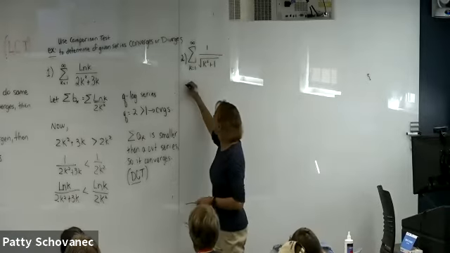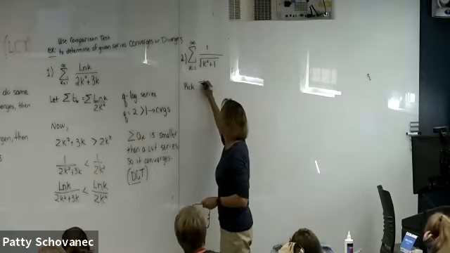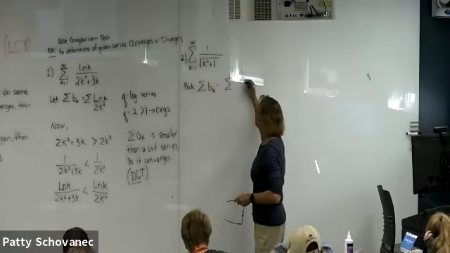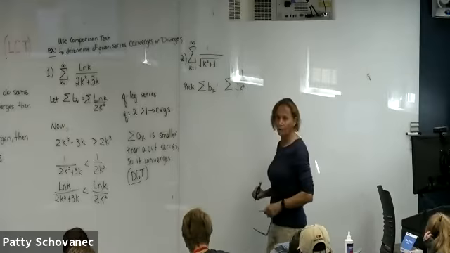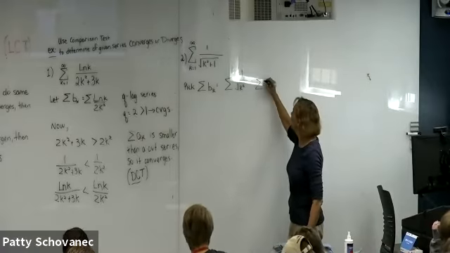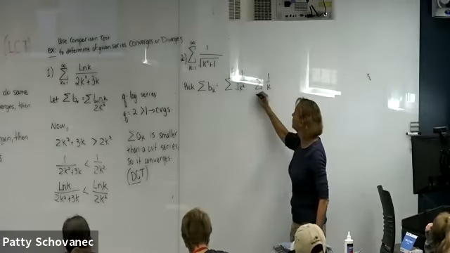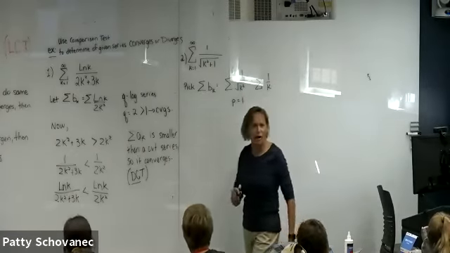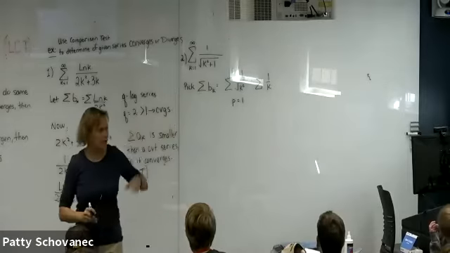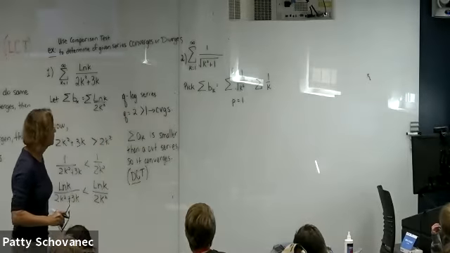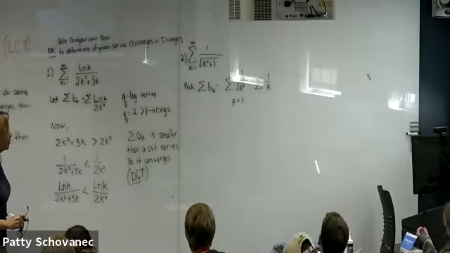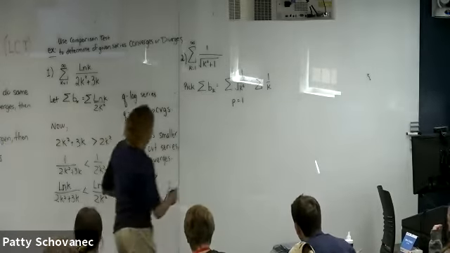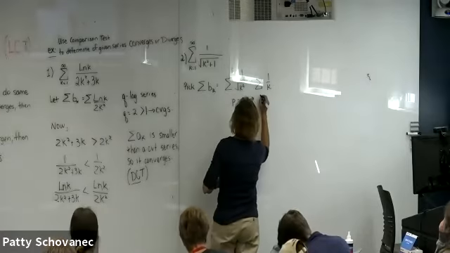Pick your b_k to be the square root of k squared, which is just our series 1 over k. The p series where p is equal to 1. That one's called the harmonic series. It's used a lot to describe things that bounce back and forth. But what do we know about the p series where p is equal to 1? It diverges. So my b_k's diverge.